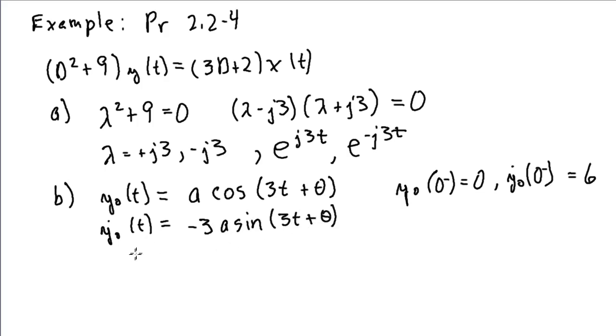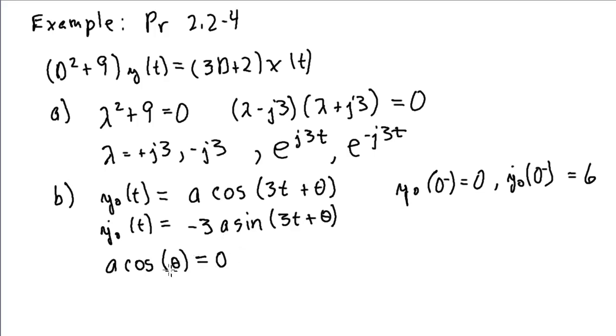I substitute in y0 of 0, and I'm going to get a cosine, substitute t equals 0, and I get A cosine theta, and that's equal to 0. Whoops, it should be not a cosine of 0, but a cosine of theta is equal to 0.